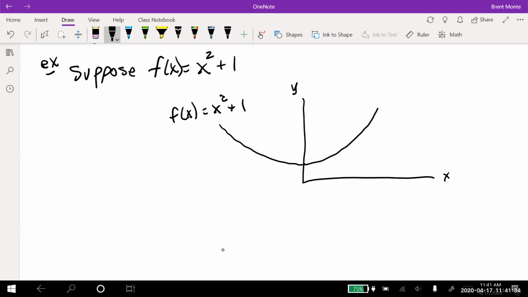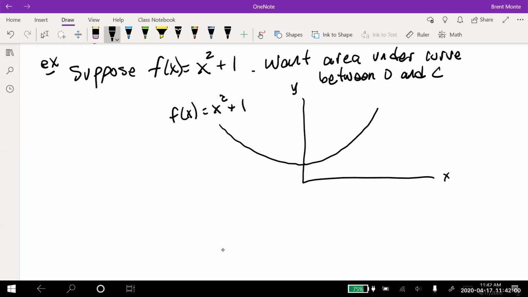Here's the problem. What I want to do is find the area under the curve between 0 and 6. The problem is that's not a line.